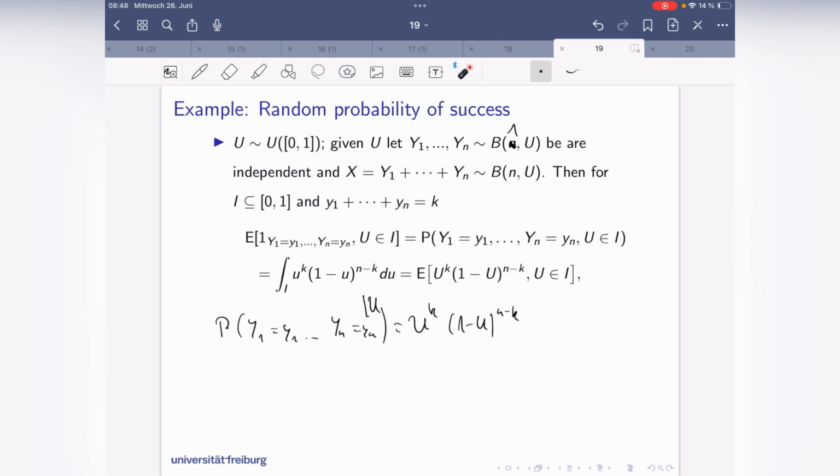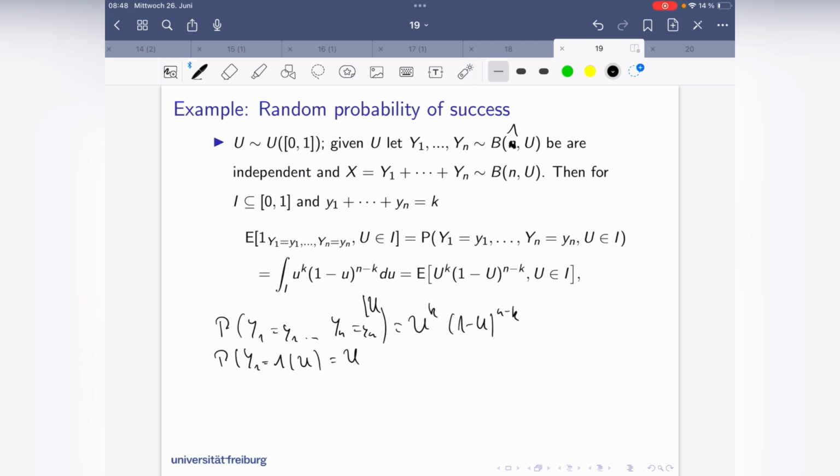And for this reason, we also have, for example, that the probability of y1 equals 1 given u.